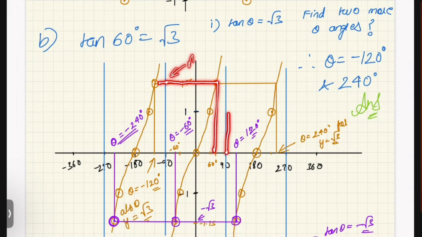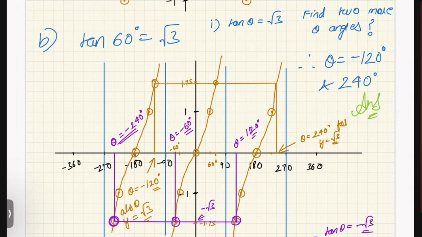This will be your answer. Similarly, if you want to find the x value, you drop a perpendicular from the y-axis to the curve, and wherever your perpendicular ends, that should be your answer or whatever they're asking.